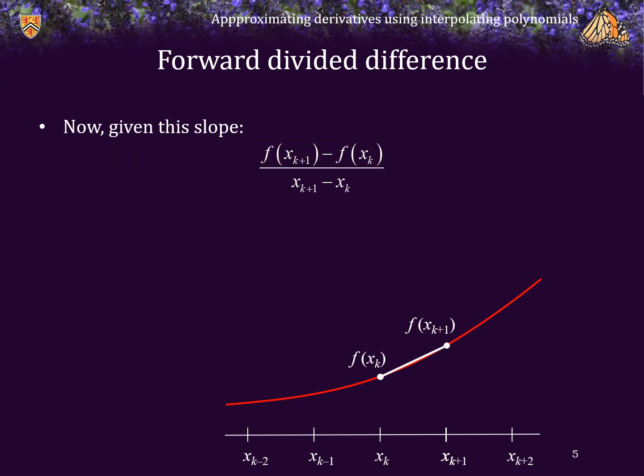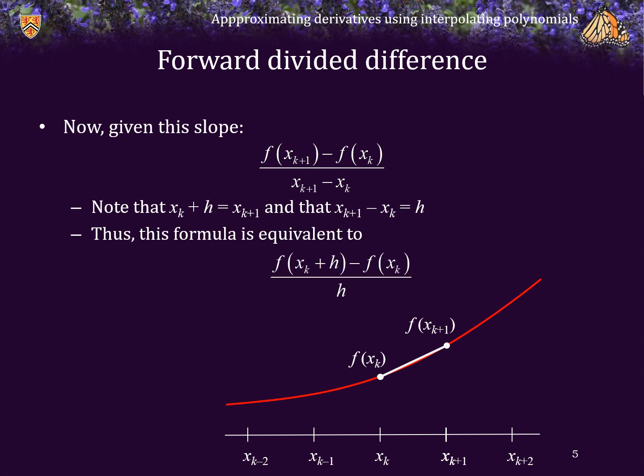All right, so given this expression of the slope, we note that x sub k plus h is equal to x sub k plus 1, and therefore the difference between these two x values is h. Thus, the formula that we just deduced is equivalent to the formula you saw in first year, and the derivative is the limit as h approaches 0 in this context.